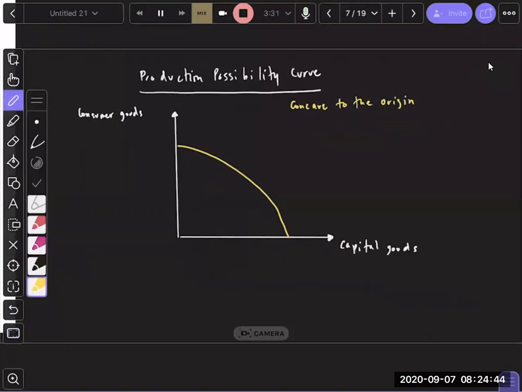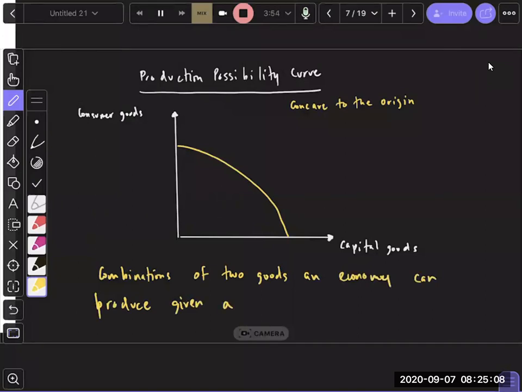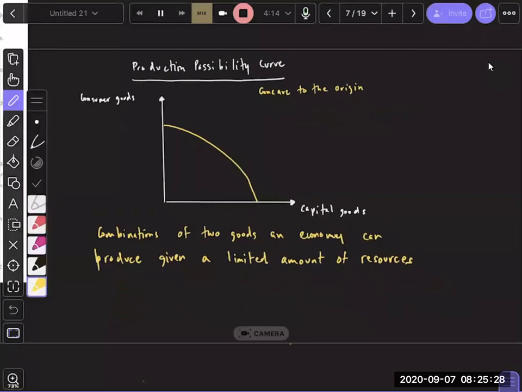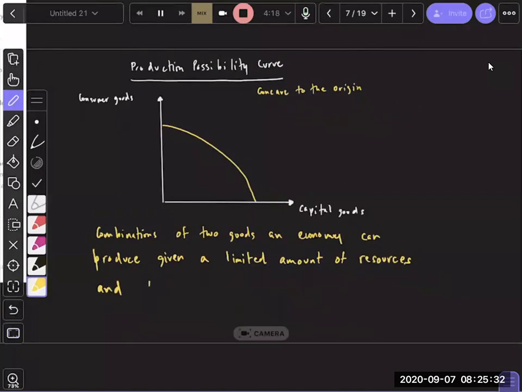Let me define the curve. A PPC tells us the combinations of two goods an economy can produce given a limited amount of resources and a fixed level of technology.